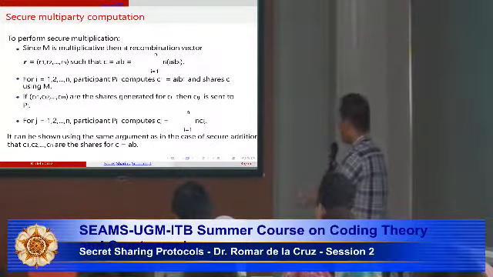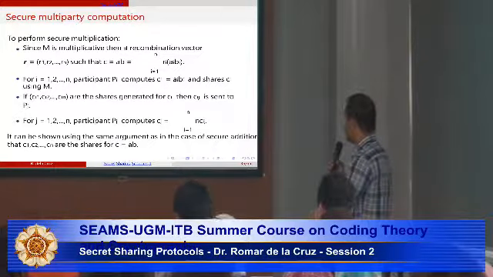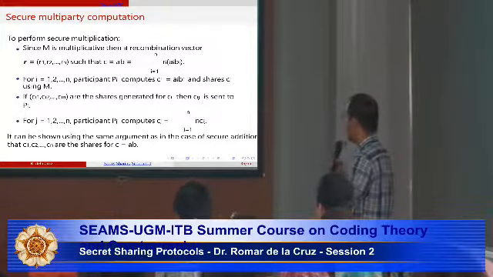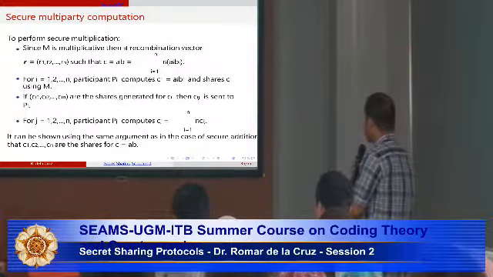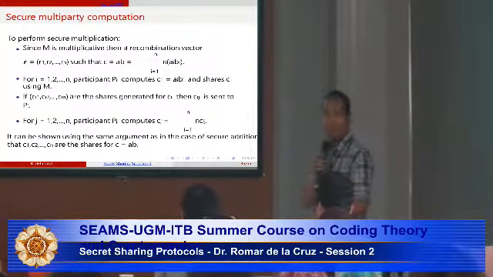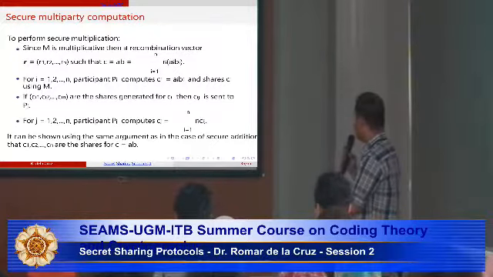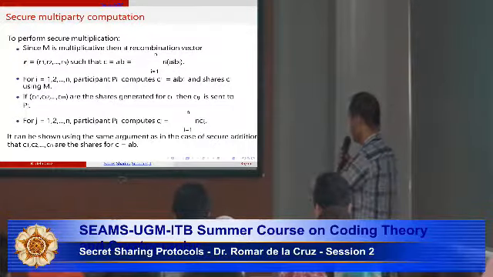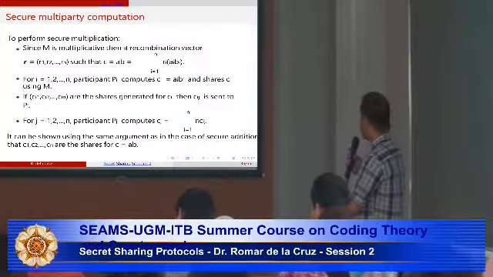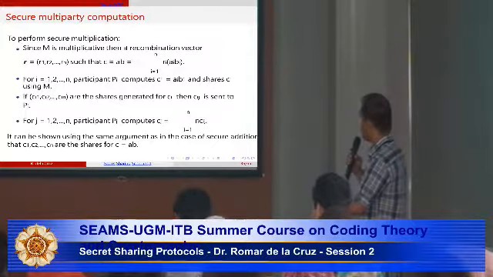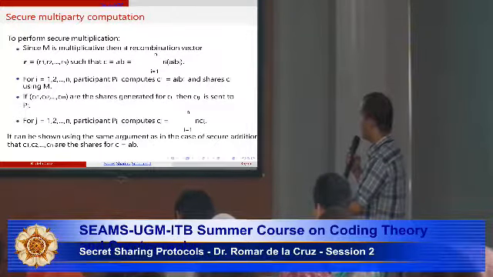And then the next step is participant P sub j, using the received values, will compute this one, C sub j. So a linear combination of the values that the participant receives from the other participants. So here, P sub j computes this linear combination. R sub i is the same, the recombination vector.